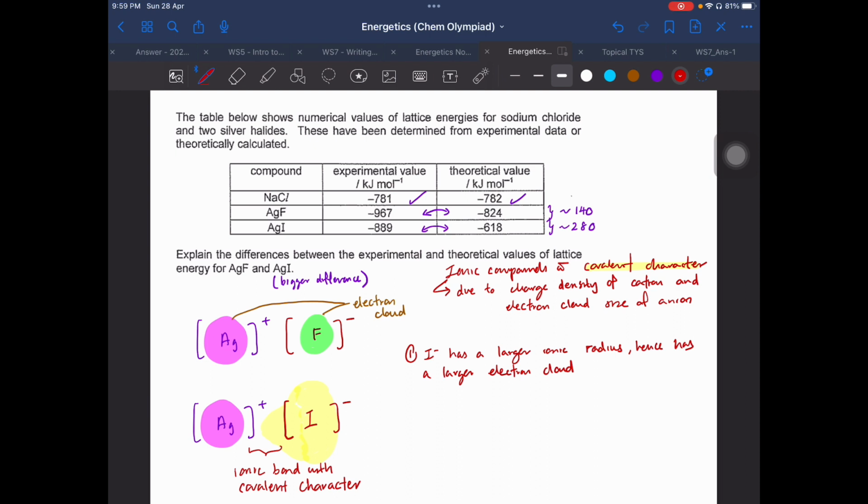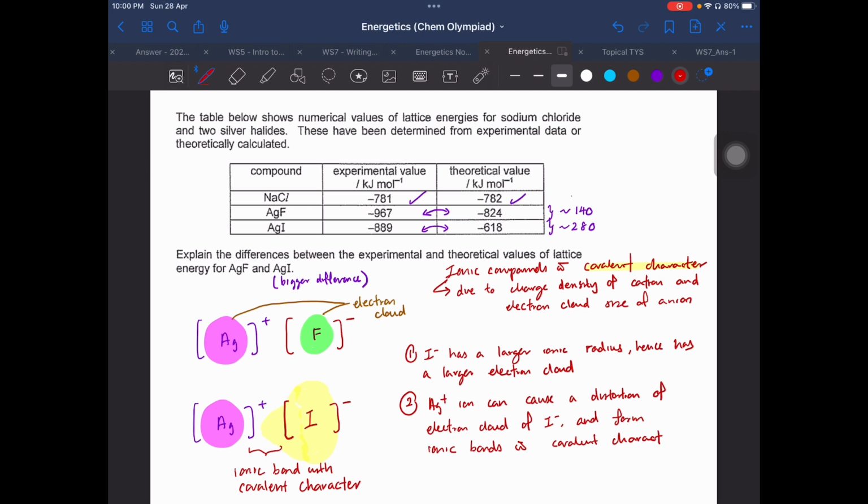So when iodide ion has a larger ionic radius and hence a larger electron cloud, what this means is that the silver ion can cause a distortion of electron cloud of iodide, and this will actually form ionic bonds with covalent character.